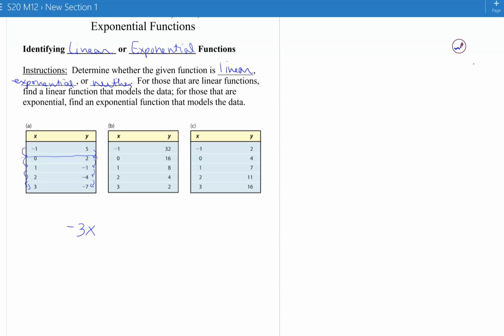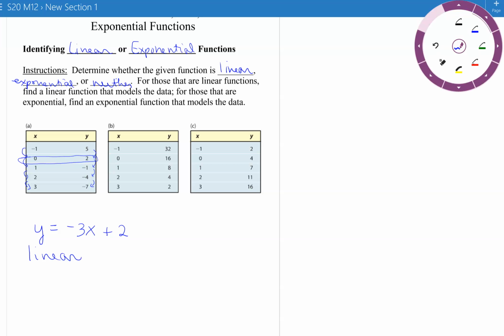And then when x is 0, we can see that the y value is 2. So this is the equation that describes this data in table A. So this is linear. If you're adding or subtracting the same amount each time, a flat amount.